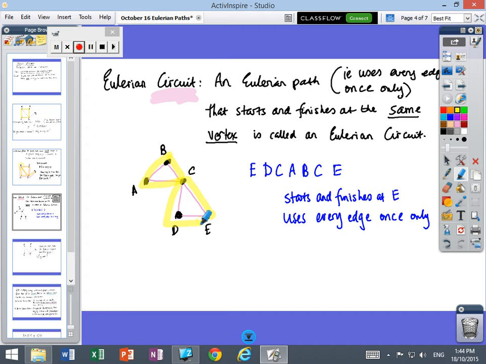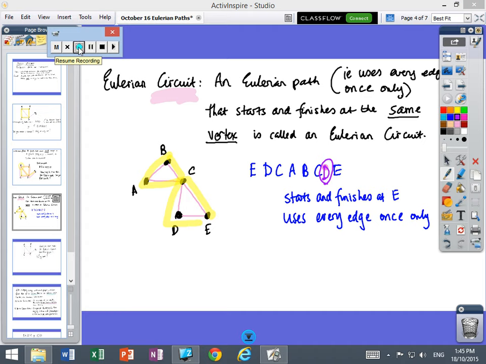I've gone B, C, so I'll put the letter D in. D was missing. So it starts and finishes at E, and we've used every edge only once. Could you please copy that down?